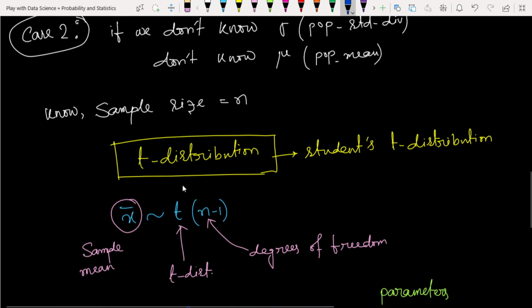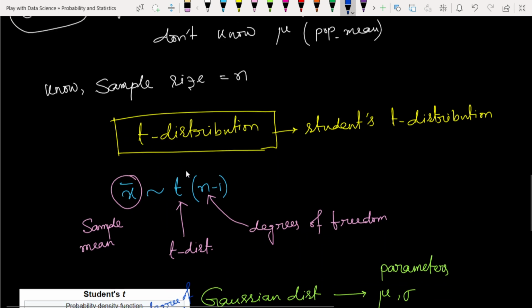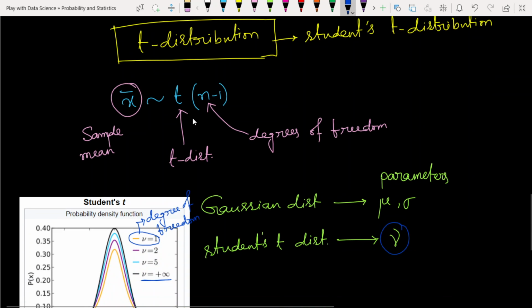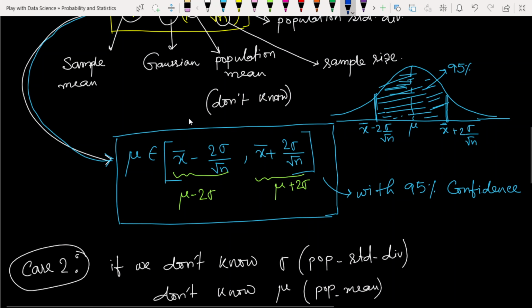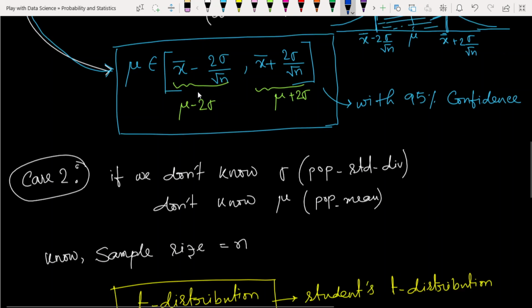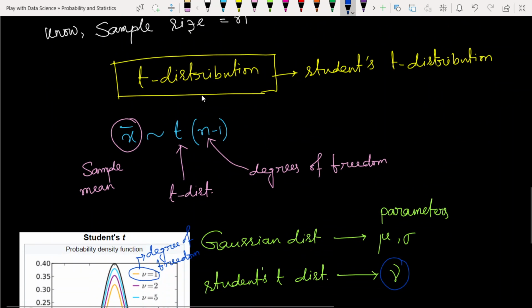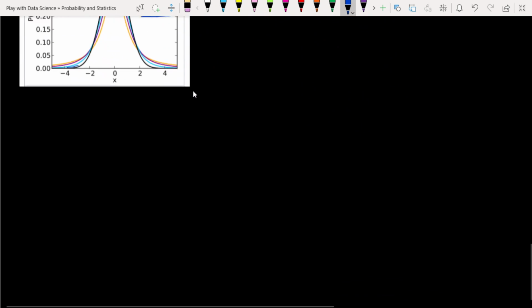But if we don't know the population standard deviation, then we will use the t distribution. Similarly, from the t distribution tables, we can find the confidence intervals, the same as we saw in the previous lecture using the normal, Gaussian distribution table. Everything applies to the t distribution, but we have to use the t distribution tables. I think you got the idea.